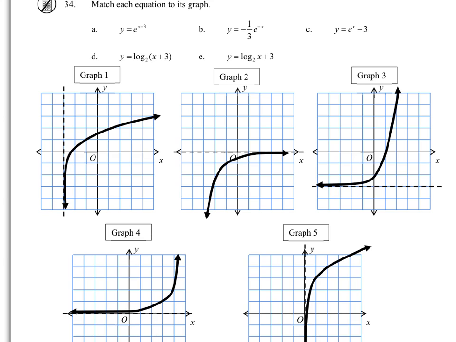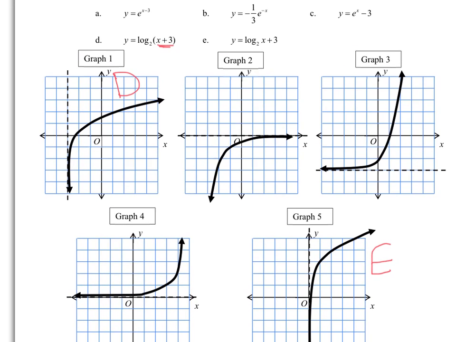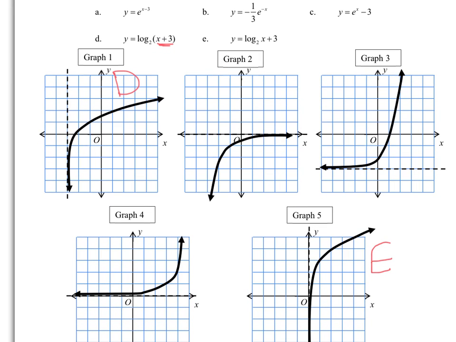Let's start with D. That's going to have a vertical asymptote at x equals -3 because of the argument. So that has to be graph 1. And then the other logarithm is E. And the only other graph that has the vertical asymptote is graph 5, so that's E. Now for A, B, and C, let's start with C. That asymptote has been moved down 3, and it's an exponential growth.